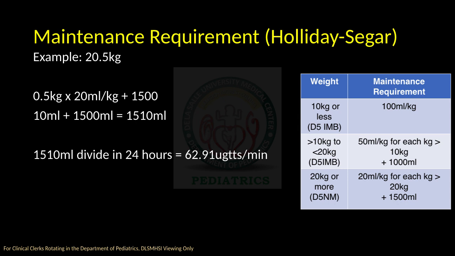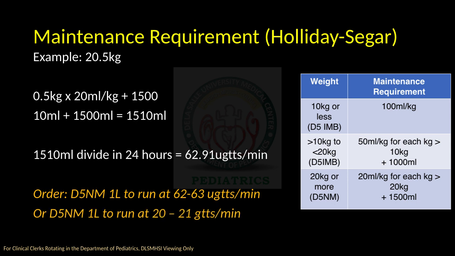Divide that value by 24 hours and you will get 62.91 microdrops per minute. So order in the chart D5NM 1 liter to run at 62 to 63 microdrops per minute, or it is recommended that you use a macro set for this weight. You should order D5NM 1 liter to run at 20 to 21 drops per minute.